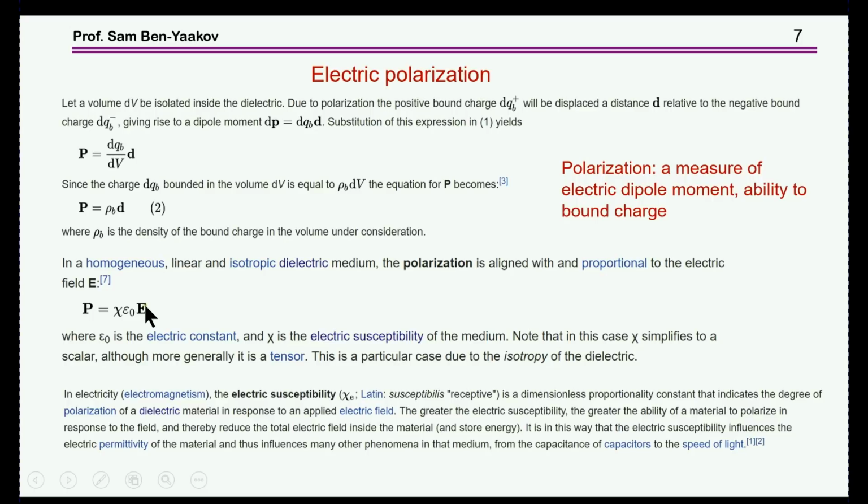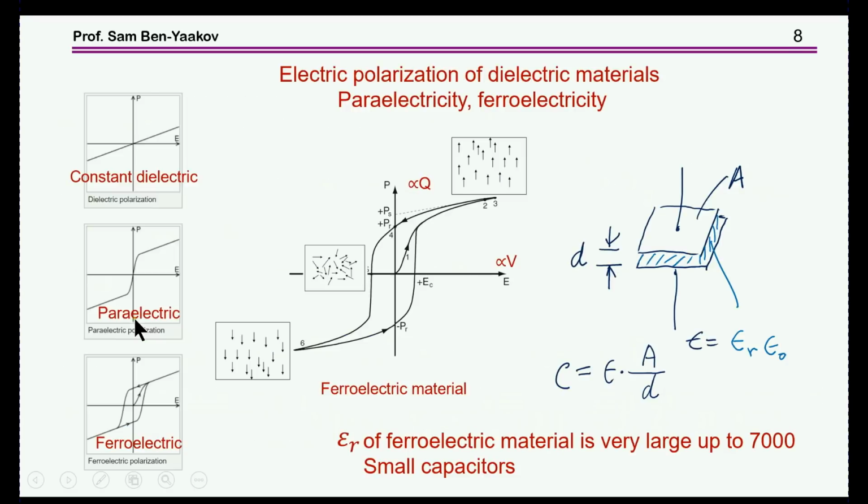And then, I'm not going into fine detail, polarization can be shown to be a function of the electric field, obviously, that is what is rotating the domain, and psi, which is related to what we are more familiar with, the dielectric constant. It's not exactly, there is a function between them. So this is polarization.